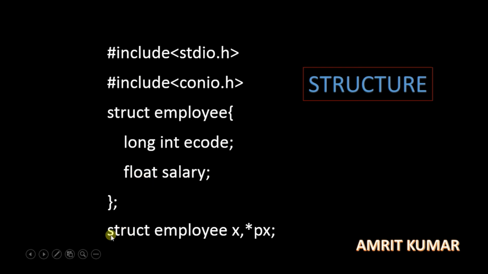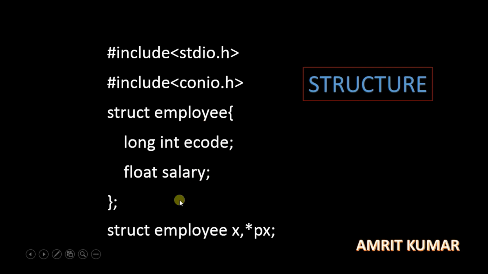Then I am declaring two variables, x and asterisk px. So x is a variable and asterisk px is a pointer, which are of type employee. So x and asterisk px can both access the employee data type easily.